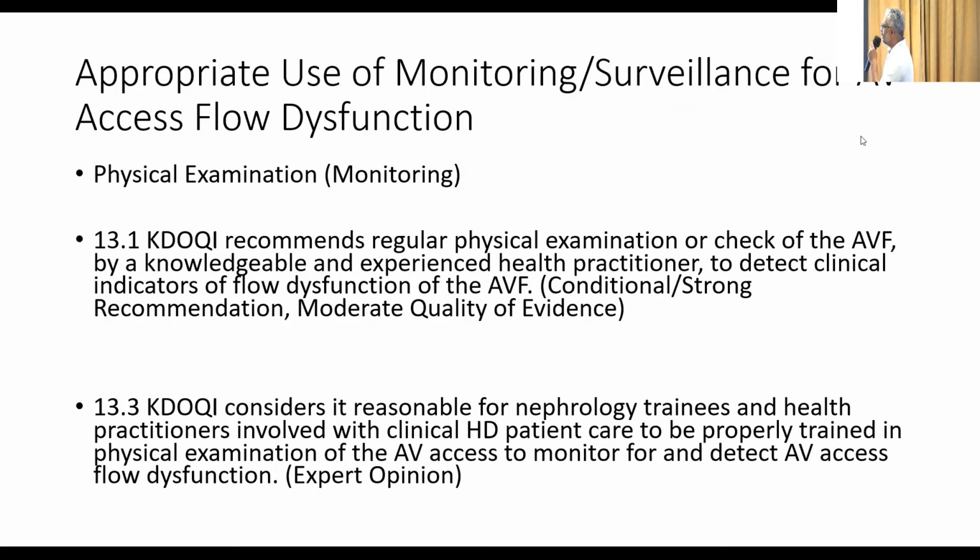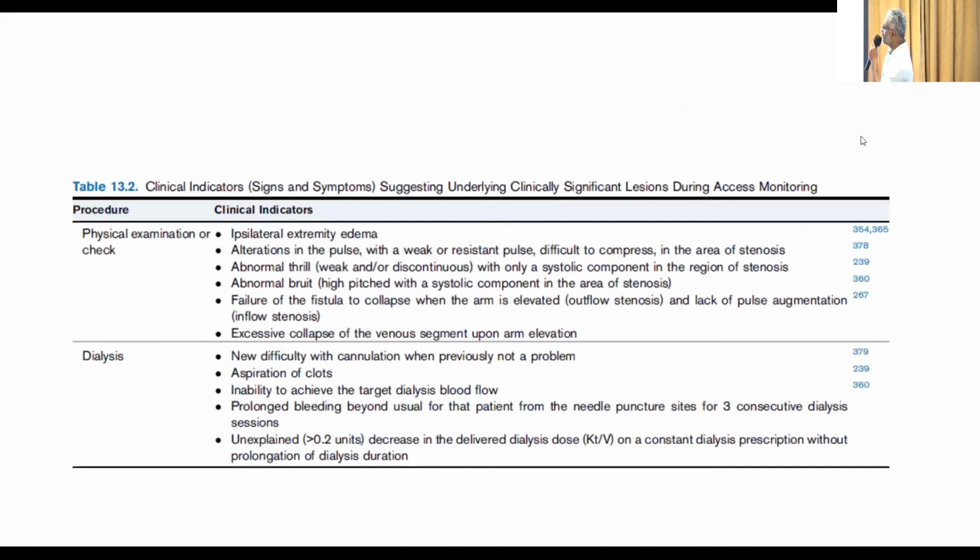And then KDOQI considers it reasonable for nephrology trainees and health practitioners involved with clinical HD patient care to be trained in physical examination of AV access. So what do you look at in these fistulas? I'll just go fast from this, and then we'll look at each and every detail. Okay. So physical examination, you look at ipsilateral extremity edema, alterations in the pulse.